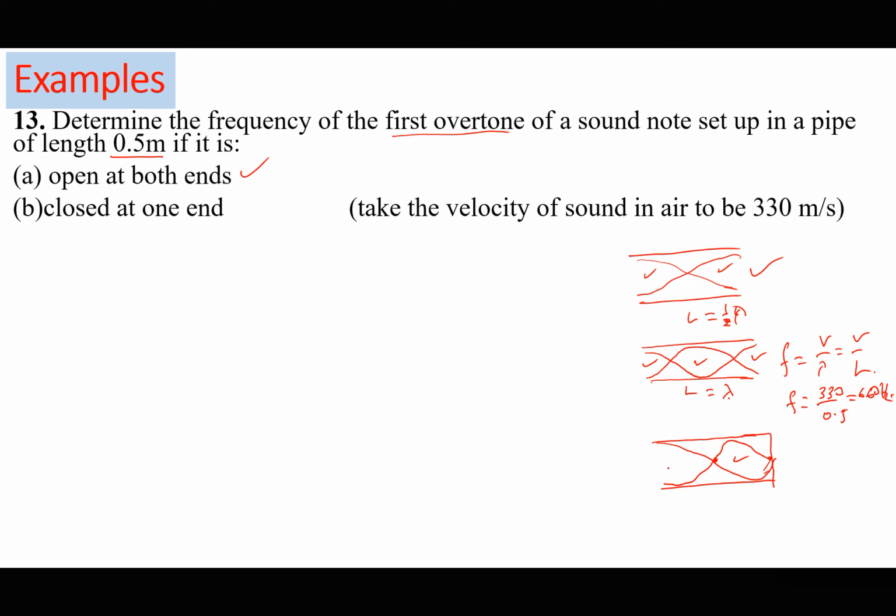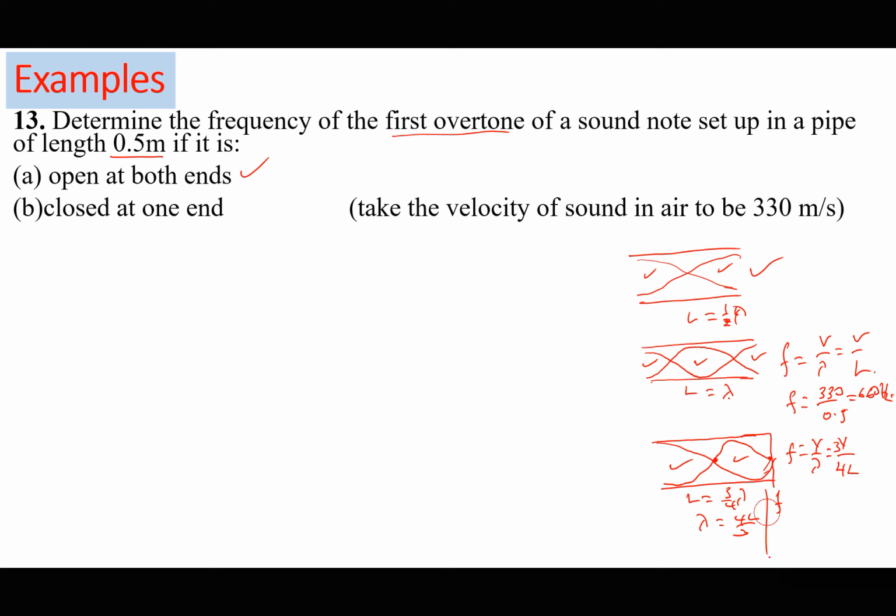And this is a half plus a quarter cycle. So L is representing three quarters, 3 over 4 lambda. So our frequency is equal to V over wavelength, where the wavelength is going to be 4L over 3. So this will be V over 4L over 3, the 3 goes up, it becomes 3V over 4L.